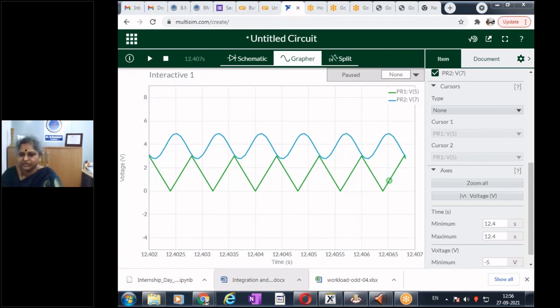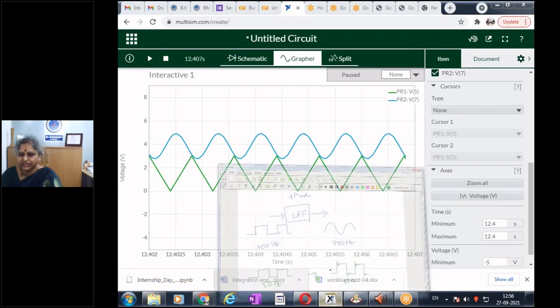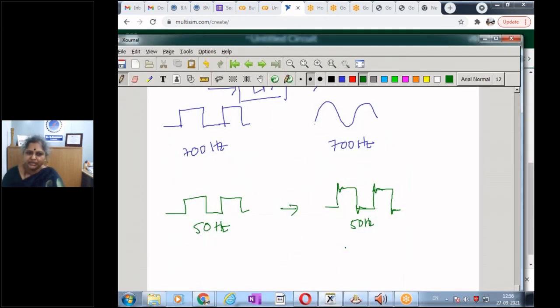So what is it that we are seeing? For the same filter, if I give a triangular input of 800 hertz, again I am getting a sine wave as the output of 800 hertz.